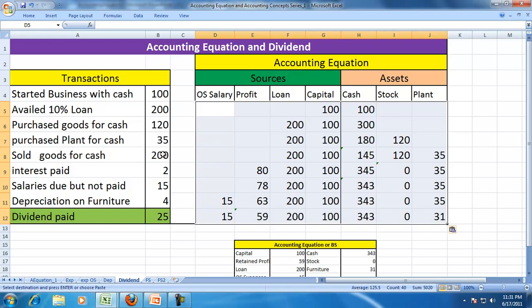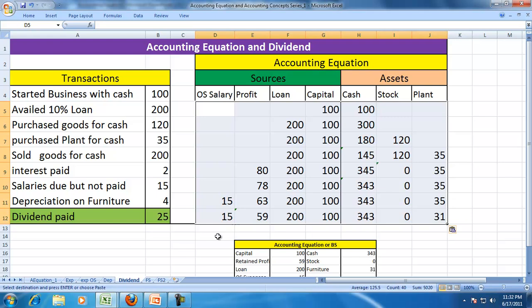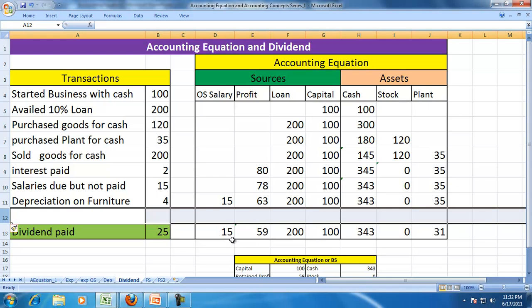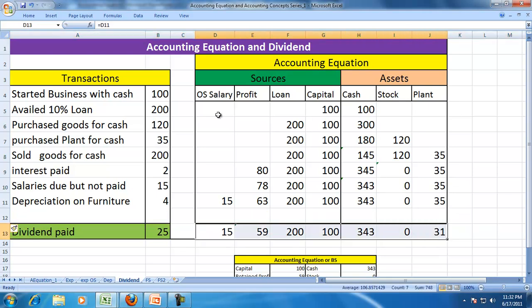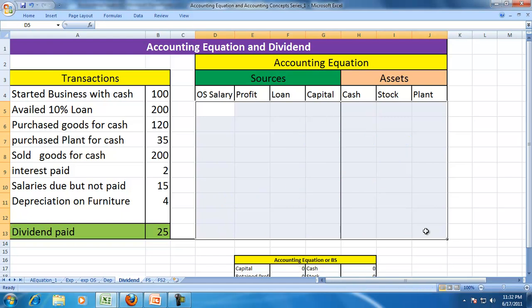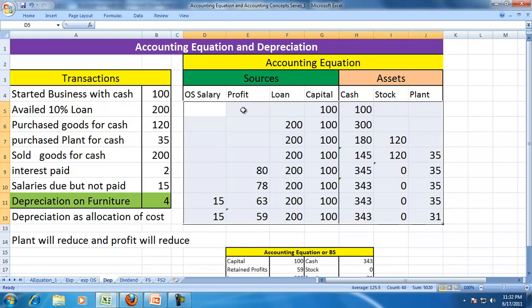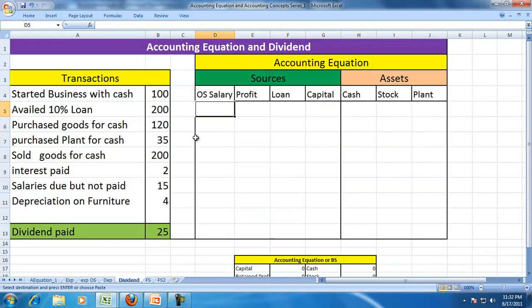Okay, so in that case, let me see depreciation. So 59, yes. Let us create one more space here. Okay, so that will be better. And let me remove these items once again. So depreciation, all these items are the same, so I copy these items here.